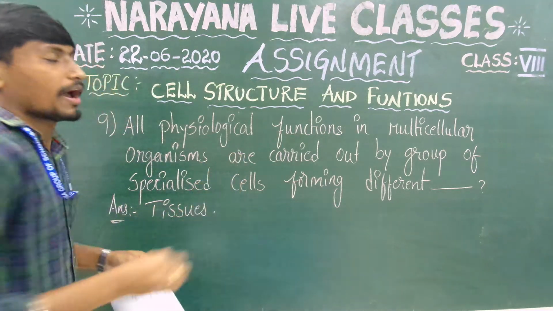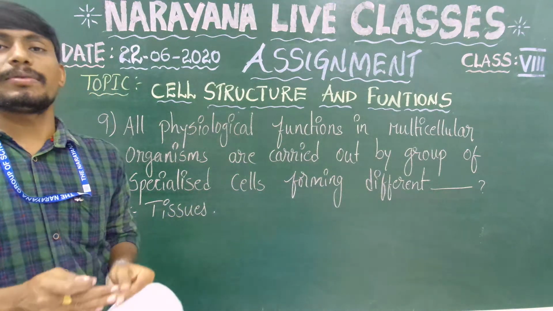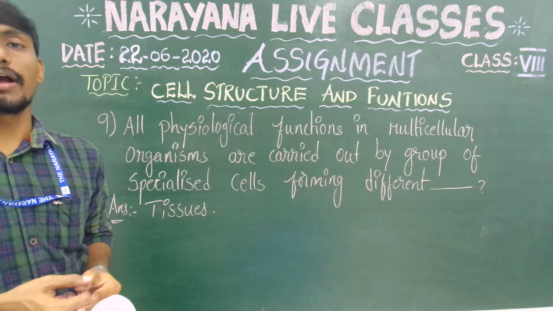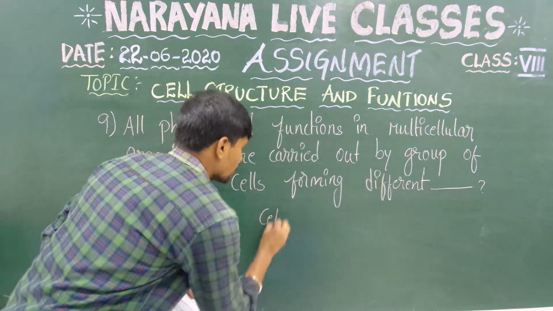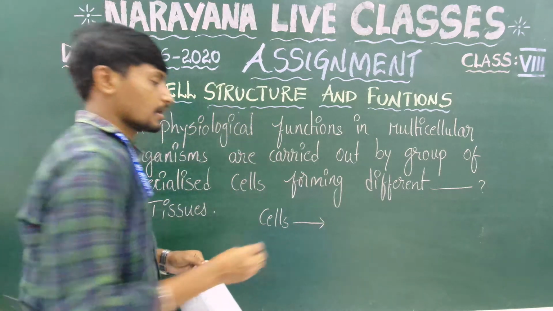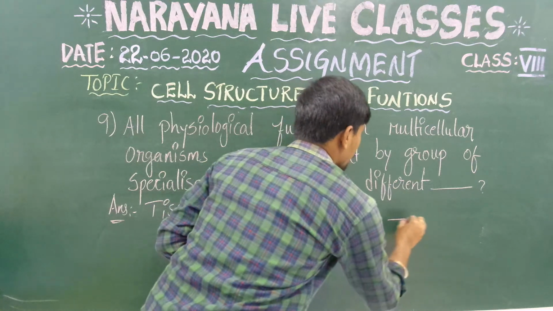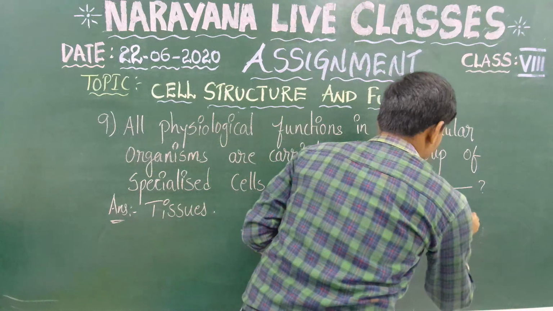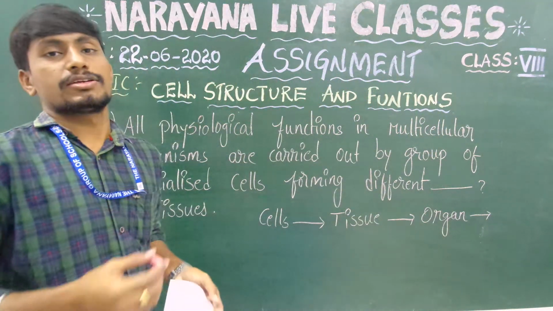As we all know, the basic component of our body or of an organism is the cell. A group of cells together forms a tissue. A group of tissues together forms an organ, and a group of organs forms an organ system.